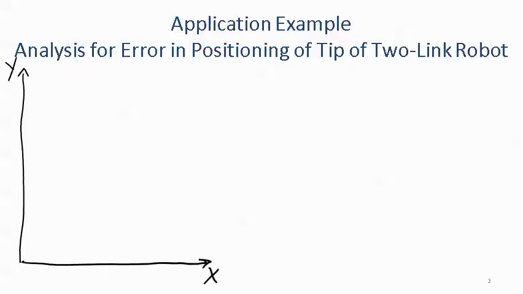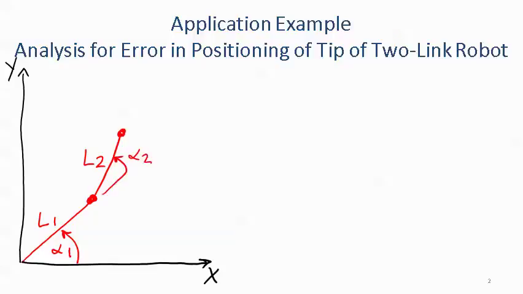Again, remember we are working on a plane. We have a tooling robot that has lengths L1 and L2. You're already seeing this angle alpha 1 and angle alpha 2.